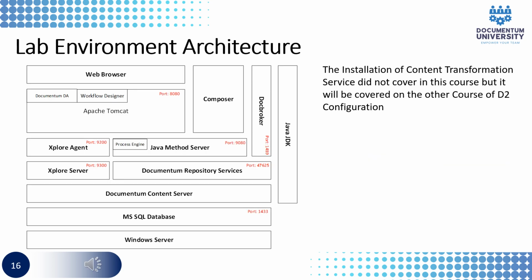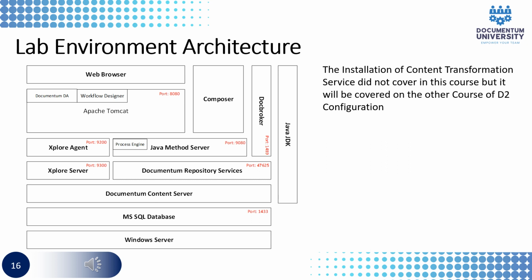Lab Environment Architecture. For training purposes, we will be installing all Documentum components in a standalone environment without content transformation services. The installation of content transformation services will be covered in the D2 configuration course. To set up the lab environment, students will need to prepare a VMware instance with Windows 2019 Server installed.